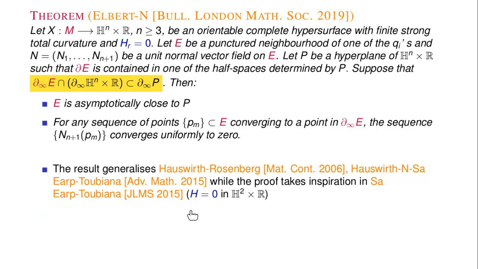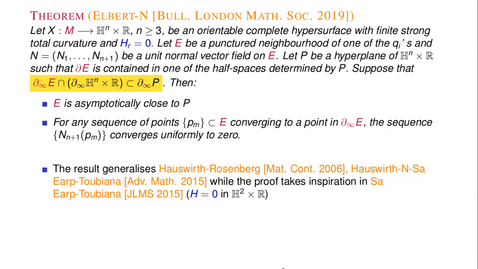So in fact, this result generalizes a result for minimal surfaces in H^2 x R that was proved by Hauswirth and Rosenberg, and then was made precise in some other features by Hauswirth, Sa Earp, and Toubiana, and myself. But in fact, the proof is completely different. It takes inspiration in this other paper by Sa Earp and Toubiana.